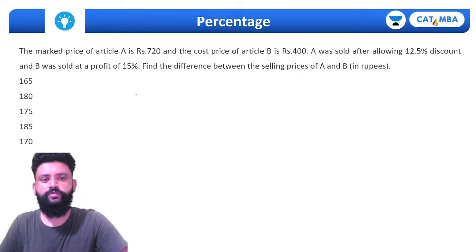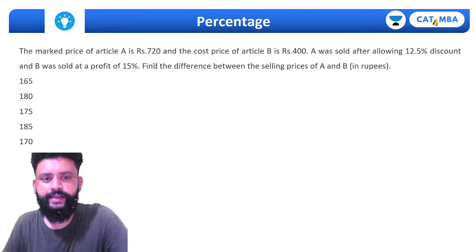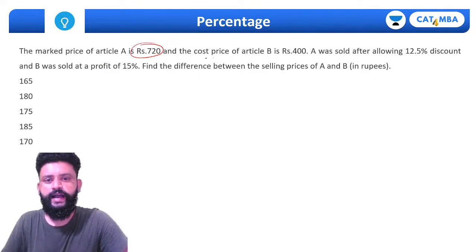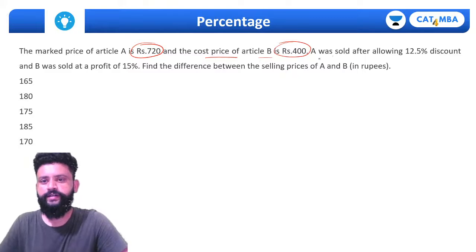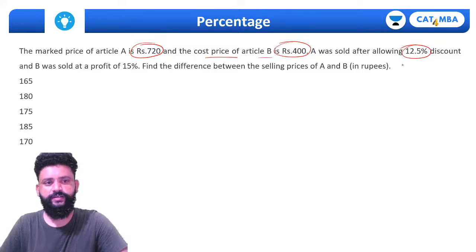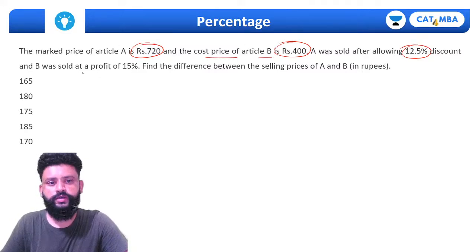The mark price of article A is 720 and the cost price of article B is 400. A was sold after allowing a discount of 12.5% and B was sold at a profit of 15%.